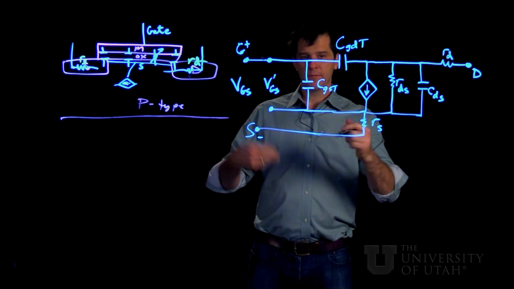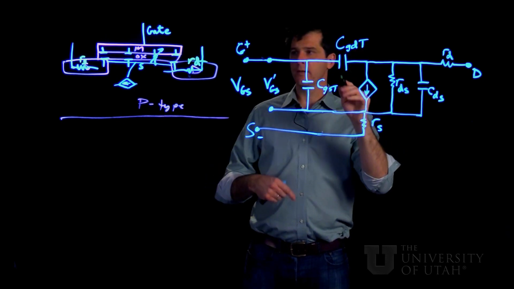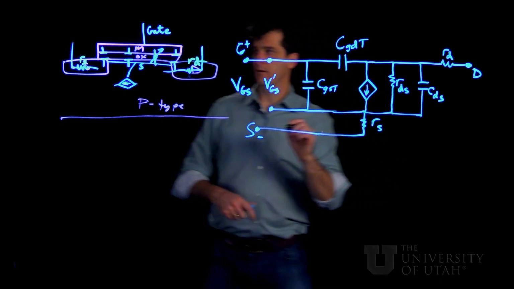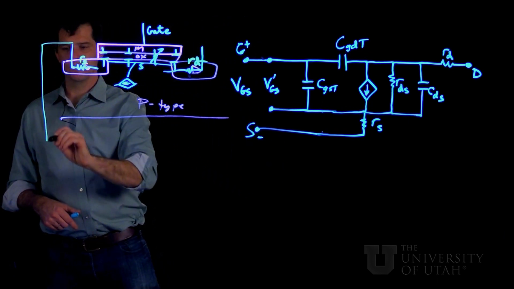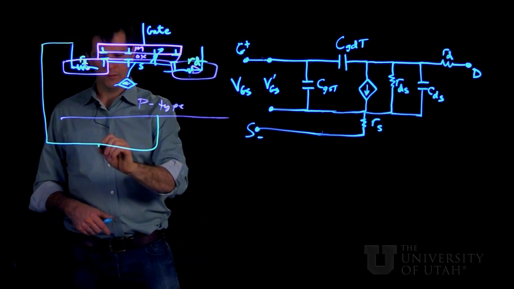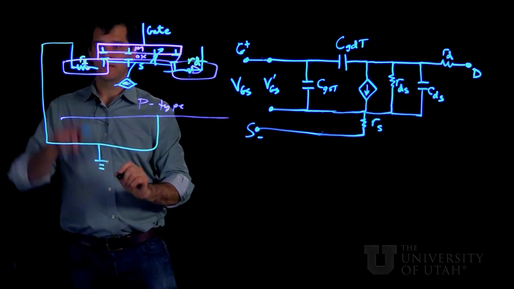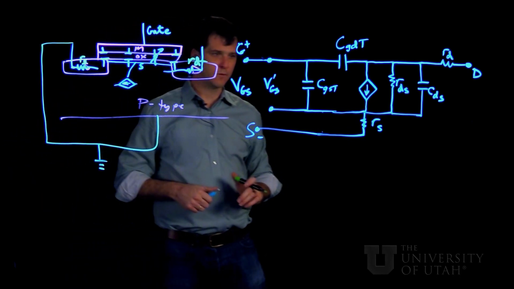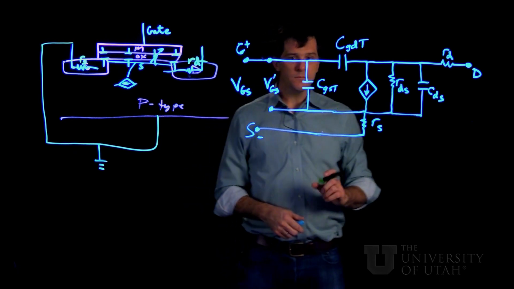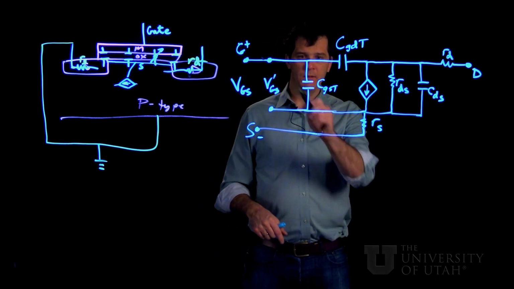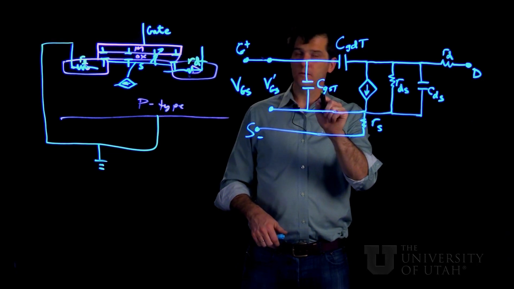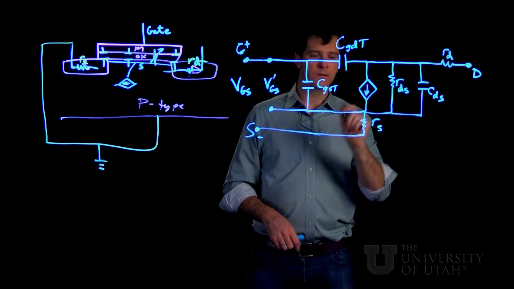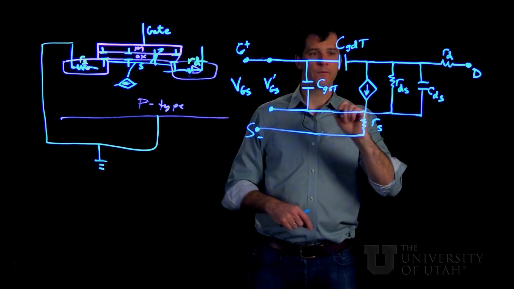We've assumed that we're operating above threshold and that we're operating in the common source configuration. So what that means is both the body and the source are hooked to ground. There's the capacitance of the gate and source, the capacitance of the gate and drain, and both of those at threshold.